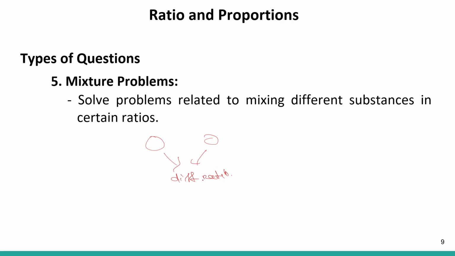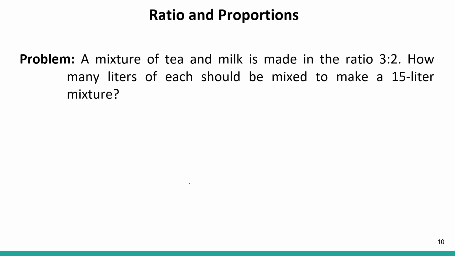So a mixture of tea and milk is made in the ratio of 3:2 respectively. So how many liters of each should be mixed to make a 15-liter mixture?